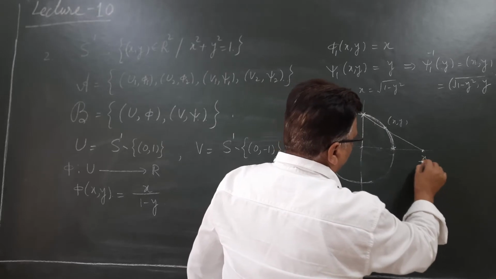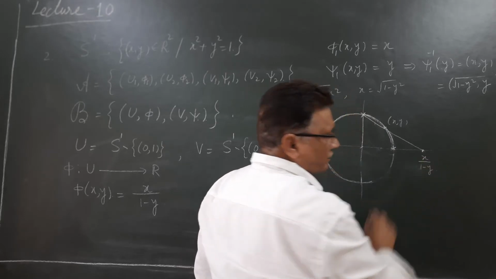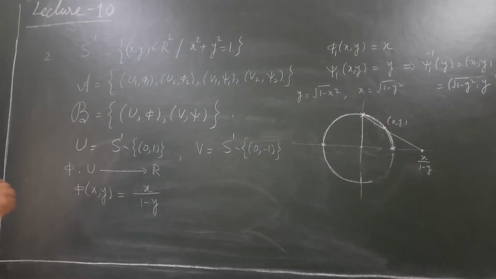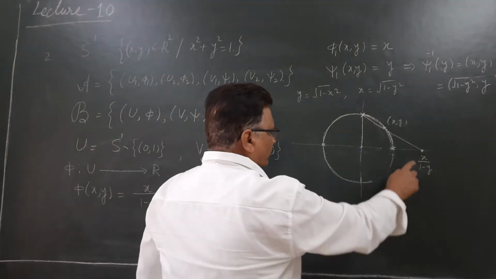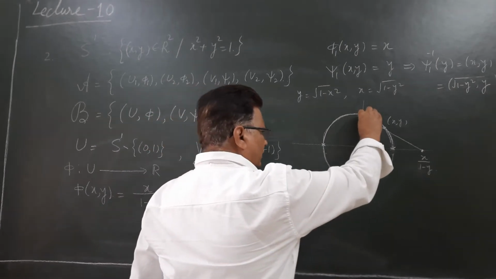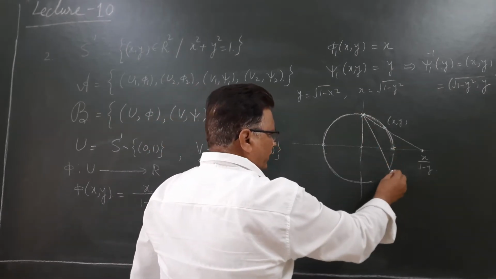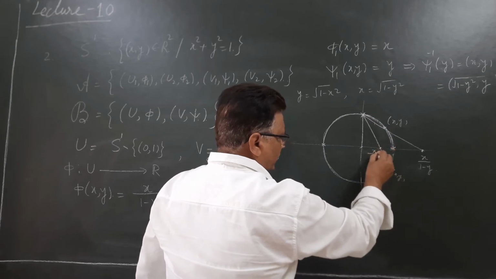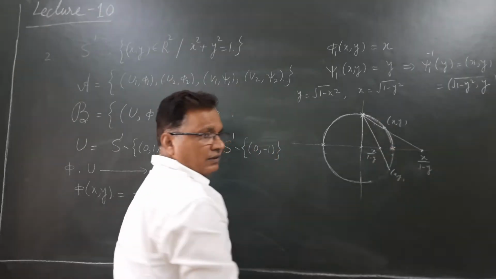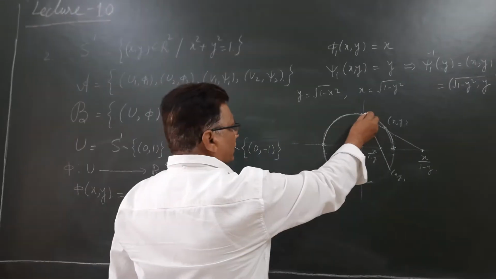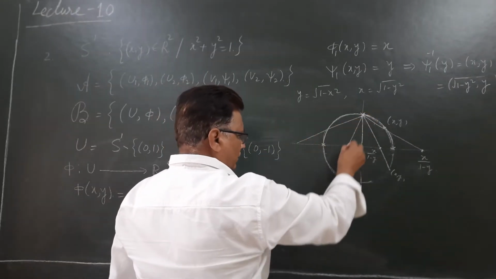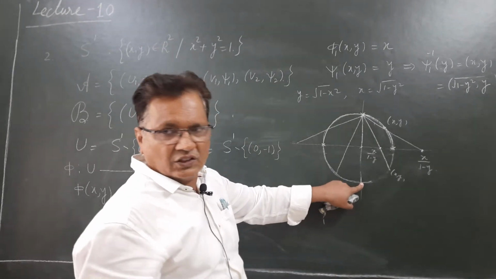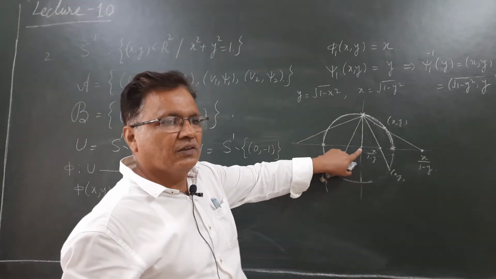This point will be x upon 1 minus y. In this way you can find the image of every point. The image of the south pole (0,-1) will be just 0.